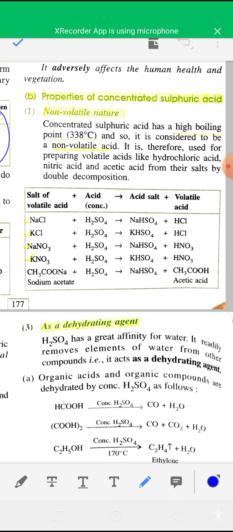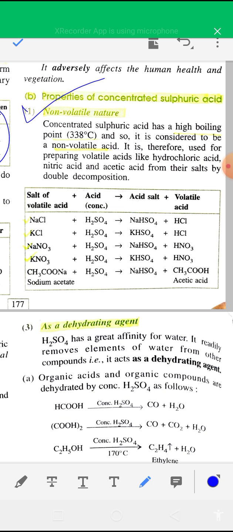Properties of concentrated sulfuric acid: non-volatile nature. Concentrated sulfuric acid is a non-volatile acid and it is used in the preparation of many volatile acids like HCl, HNO3.